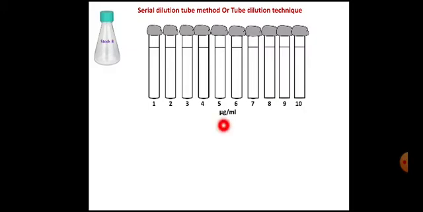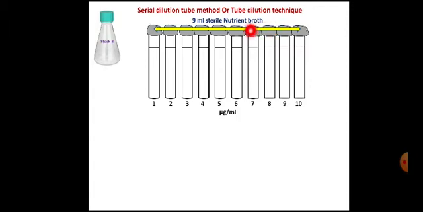Now we'll be testing MIC between 1 to 10, say for example. So what are these tubes containing? All these tubes contain liquid growth medium, that is nutrient broth. How much nutrient broth is present here? 9 ml of nutrient broth.